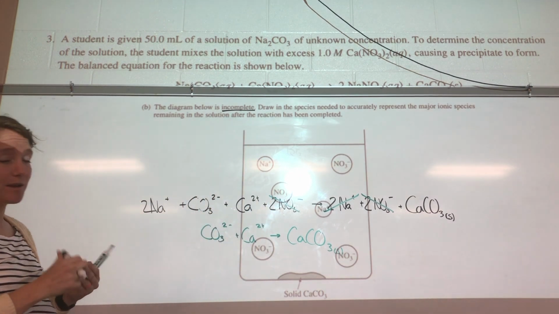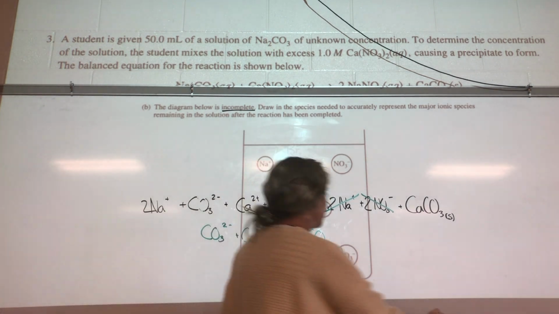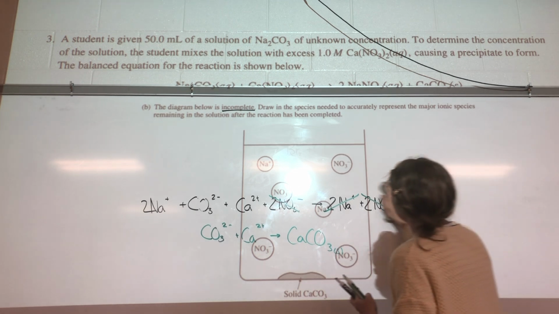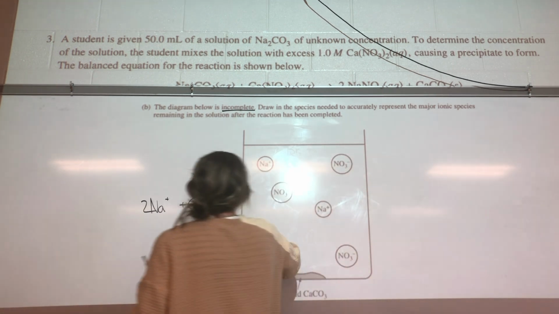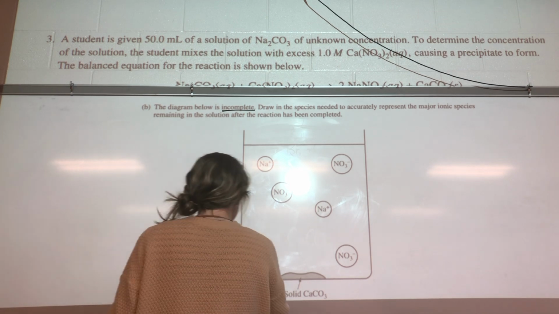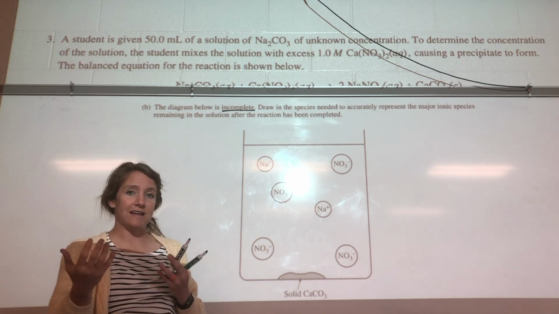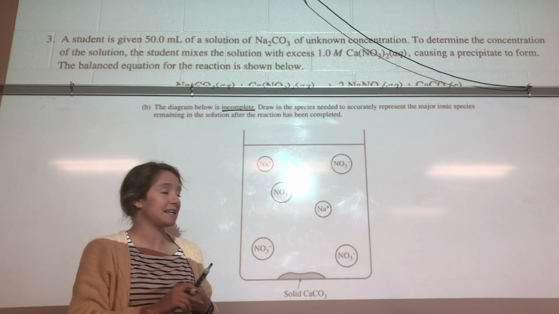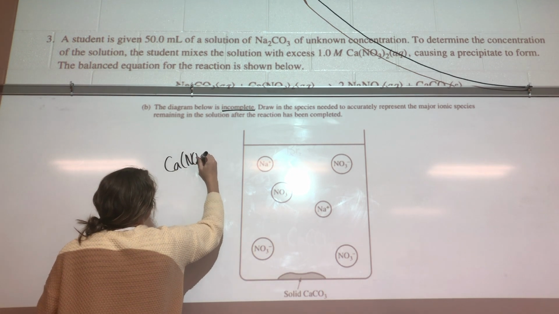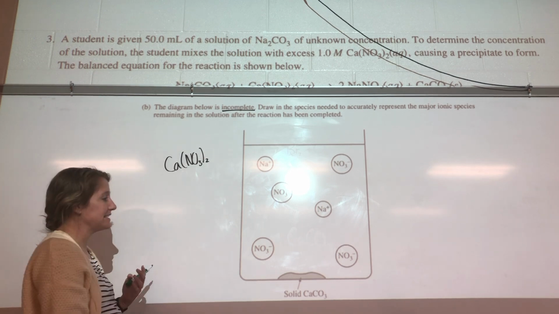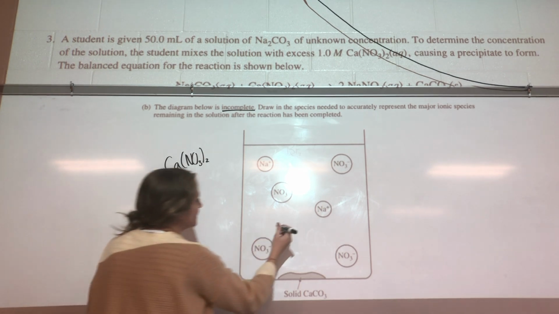There's a keyword up there that helps you know what's missing. It tells you that they are adding an excess of calcium nitrate. Excess means you are adding more of it than what you need to precipitate. So since you have an excess of calcium nitrate, the thing that's missing in our picture is the calcium.